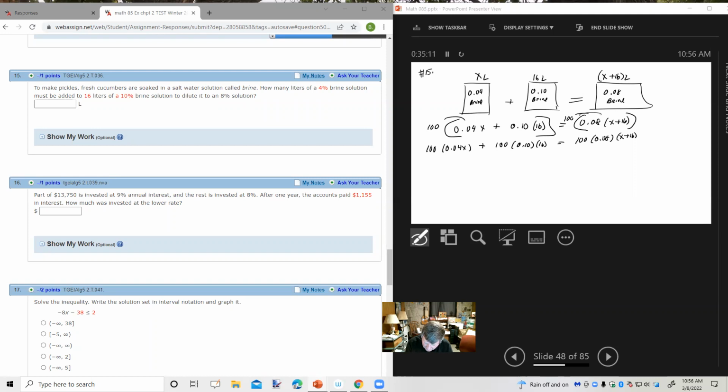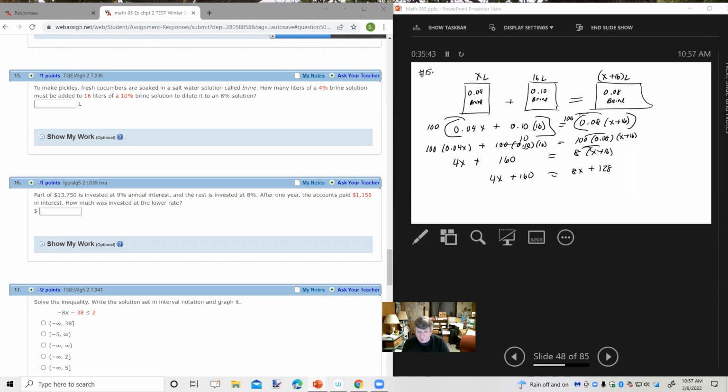Notice I'm not distributing here. I'm just multiplying three numbers together, or three factors. So 100 times 0.04x would be 4x, plus 100 times 0.10 would be 10, times 16 would be 160. 100 times 0.08 would be 8 times (x plus 16), which would be 8x plus 80 and 48 is 128.